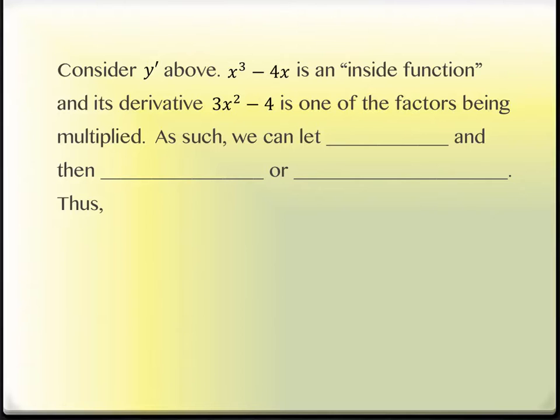So if we consider y prime above, that x cubed minus 4x as an inside function and its derivative 3x squared minus 4 as one of the factors being multiplied, we can let u equal the x cubed minus 4x, and then its derivative, and I know that this is not notation we use all the time, but you'll see why we need it in a moment, du dx, would be 3x squared minus 4, or we're going to rewrite that as du equals 3x squared minus 4 dx.